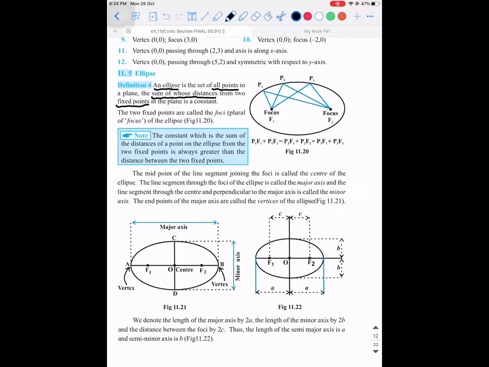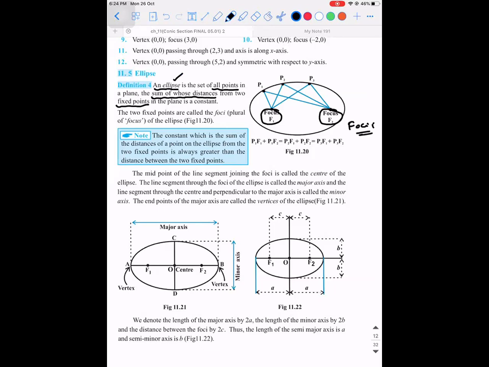Okay. So I'm repeating it again. An ellipse is the set of all points in the plane such that the sum of the distances from the moving point to two fixed points is always a constant, and those two fixed points on the plane are what are called the foci. F-O-C-I.